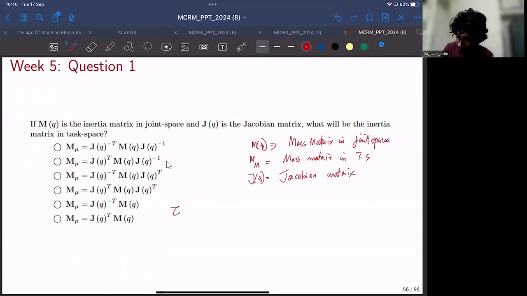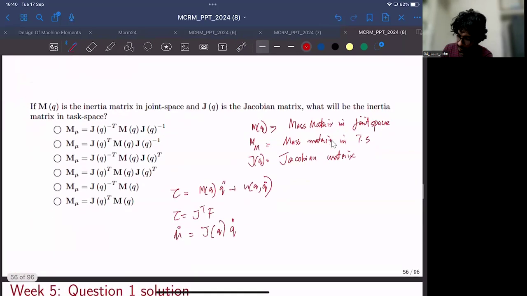So the familiar equations of motion in joint space: M of Q, Q double dot plus N of Q, Q dot. Right? We also know this expression from statics: tau is J transpose F. And from kinematics, we know mu dot is J of Q multiplied by Q dot. And this is the equation of motion in task space: F is M of mu, mu double dot, plus N of mu.